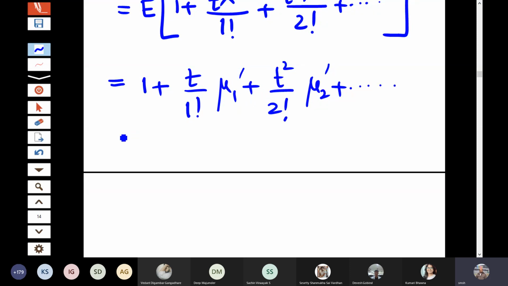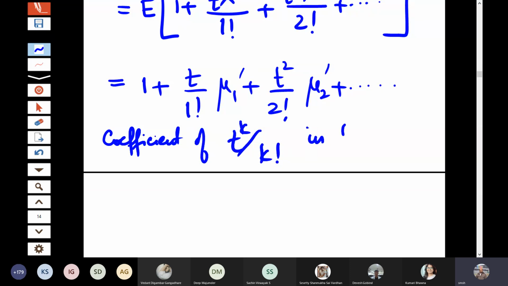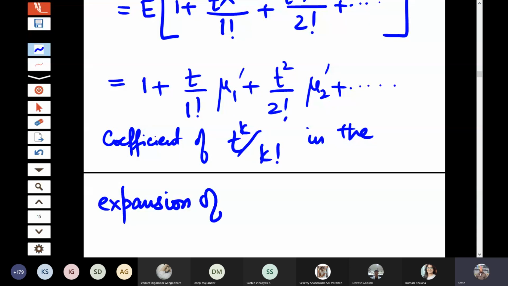Actually the coefficient of t to the power k by k factorial in the expansion of the MGF is mu k prime, that is the kth non-central moment.